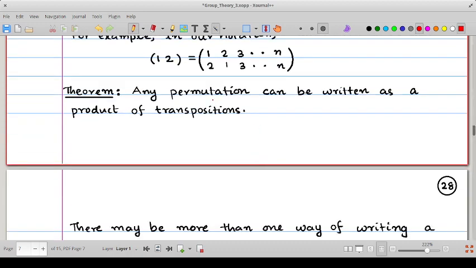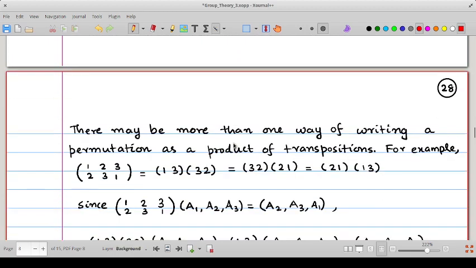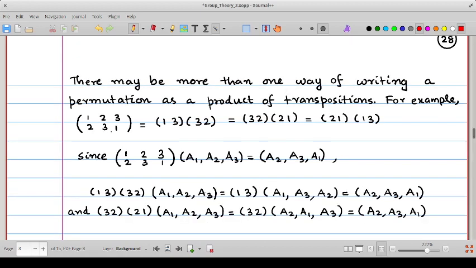Now, any permutation can be written as a product of transpositions, and there may be more than one way of writing a permutation as a product of transpositions. For example, consider the permutation given by this symbol, which places the object in the second position in the first position, the object in the third position in the second position, and the object in the first position in the third position.